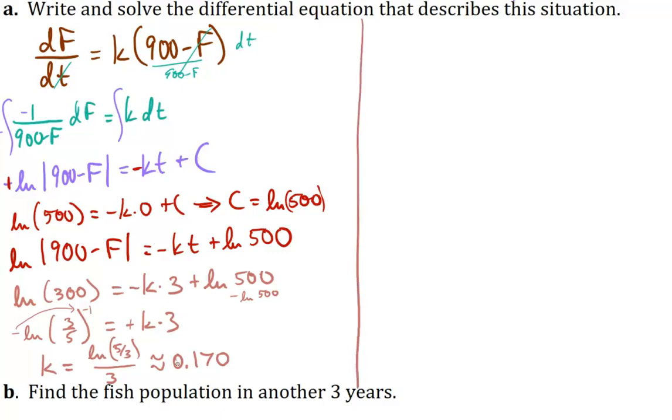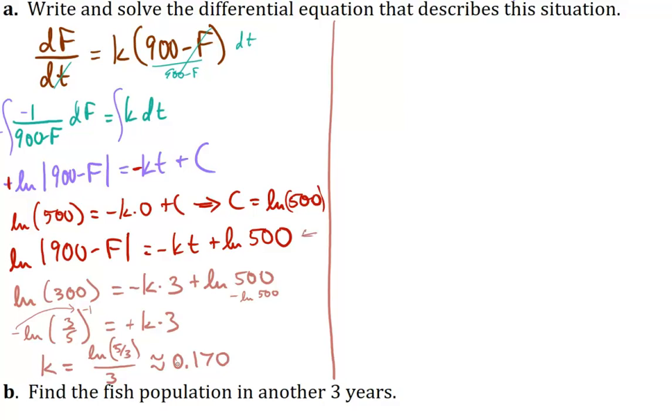Okay, so plugging that back into this line right here, I have natural log of 900 minus f is equal to negative 0.170t plus natural log 500.